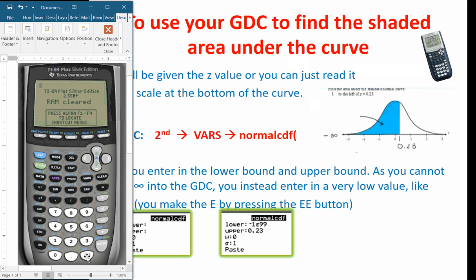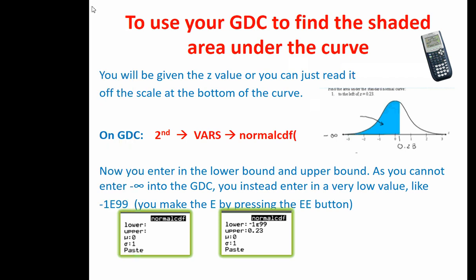So you'd put in -1, and then to select EE, because it's in blue, you'd go second, comma. You select the EE, and then you just type in 99. That's how you make -1 times 10 to the power of 99, which just means a really, really low negative number, very close to negative infinity. Then you select paste, and it will give you the answer.